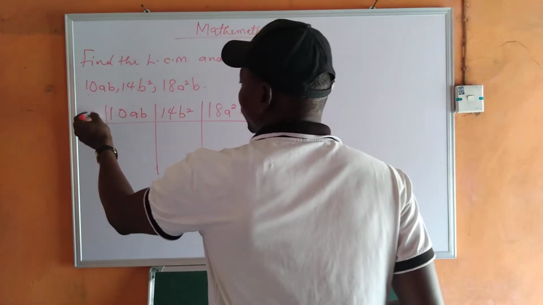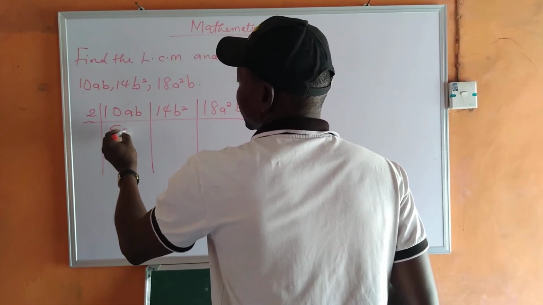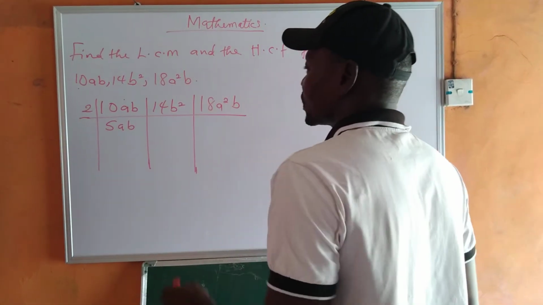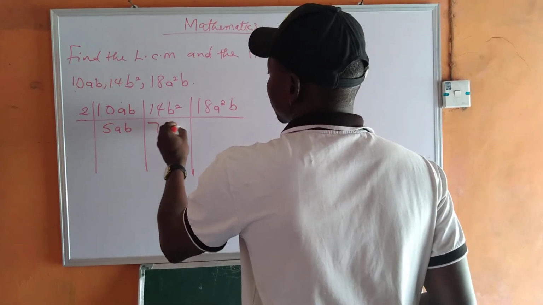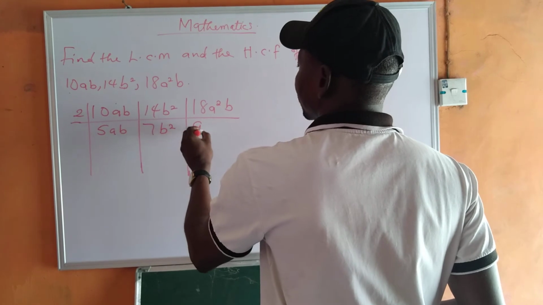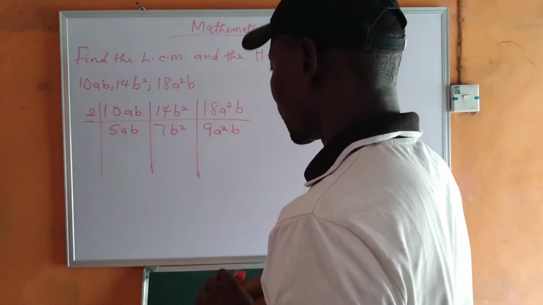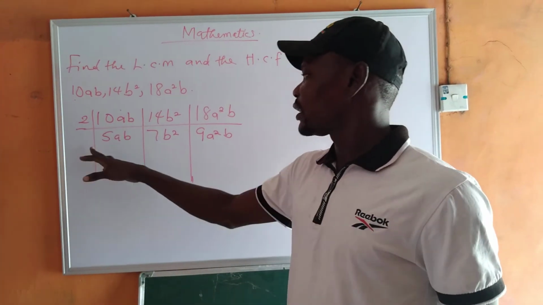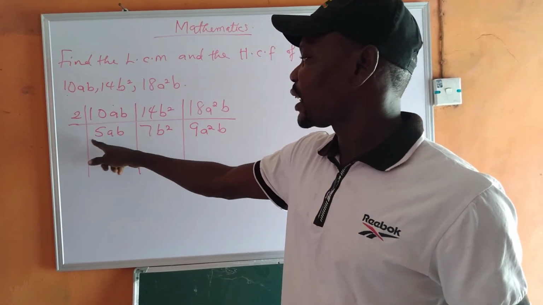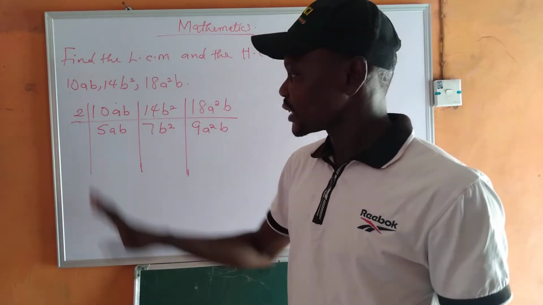So we go with 2 first. 2 in 10, 5ab. 2 in 14, 7b square. Then 2 in 18, we have 9a square b. Now, if you look at it, there is no other number that can divide 5, 7, and 9 without remainder, except 1.